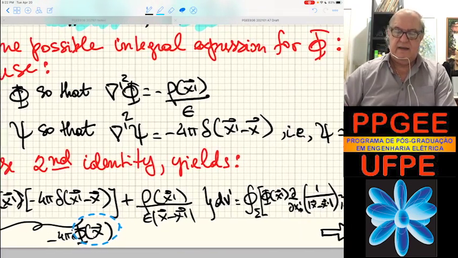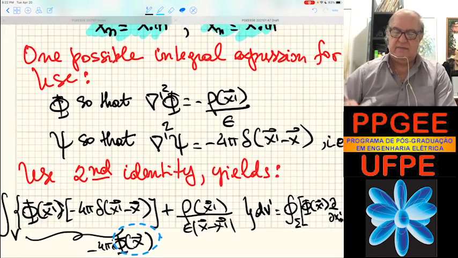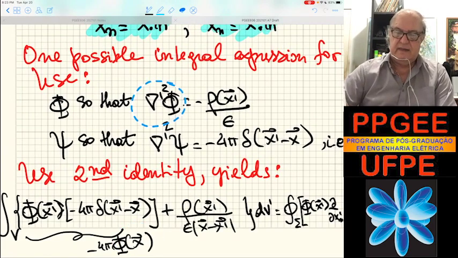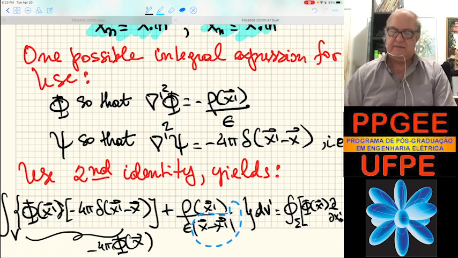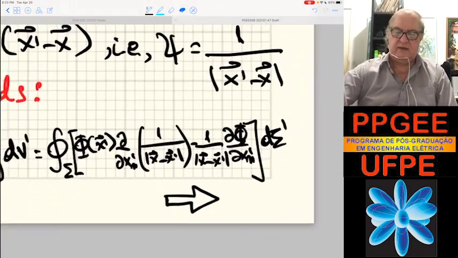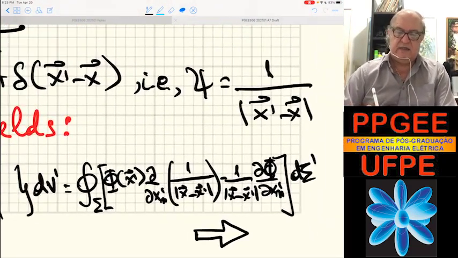Okay? The second term, what happens? The other term is Laplacian of phi equals to minus rho over epsilon, this is right here, times the other function. The other function is the inverse function, right here. And we have the result on the surface. One term has the function times derivative of the inverse function relative to the normal.